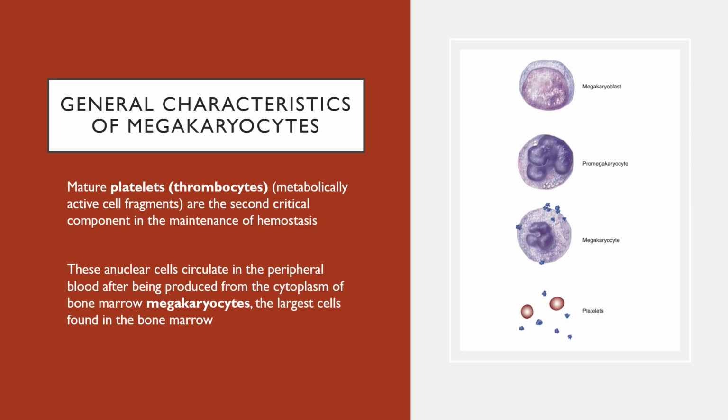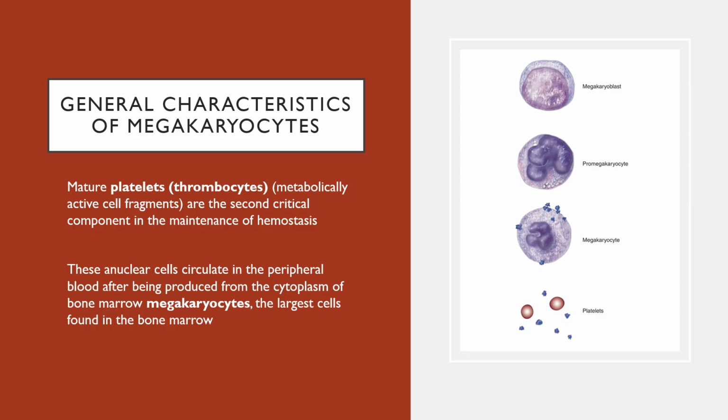And here we are yet again with the megakaryocyte. I feel like we did kind of skim over it initially. So the general characteristics of megakaryocytes start in the megakaryoblast phase, moving on to the pro-megakaryocyte, and then the megakaryocyte, and then last but not least, these little tiny platelets will break off from the cytoplasm of that megakaryocyte and go into circulation.